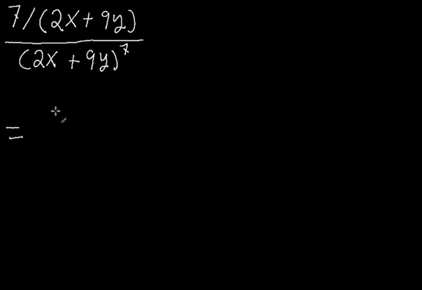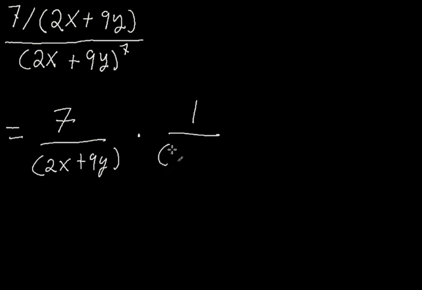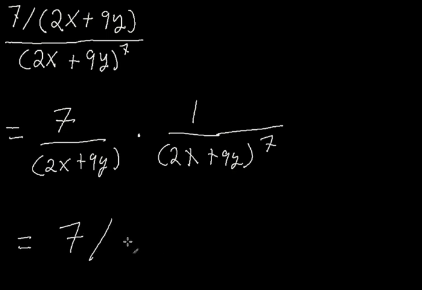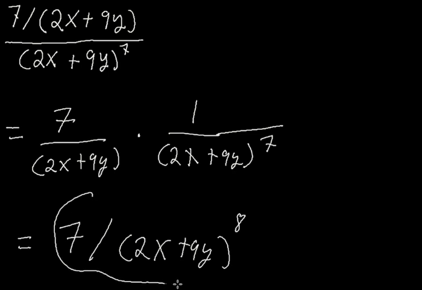So we have 7 over 2x plus 9y times 1 over 2x plus 9y to the 7th. So what are we doing? We're just going to add the exponents. 7 over 2x plus 9y to the 8th. And that's it. That's all you have to do.